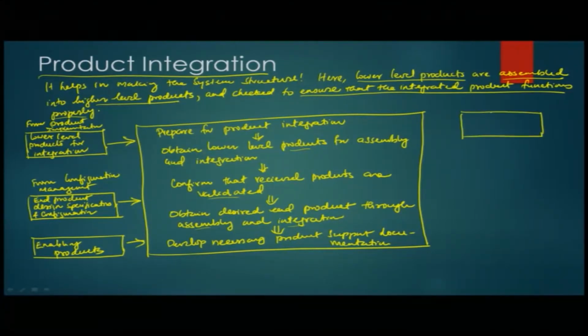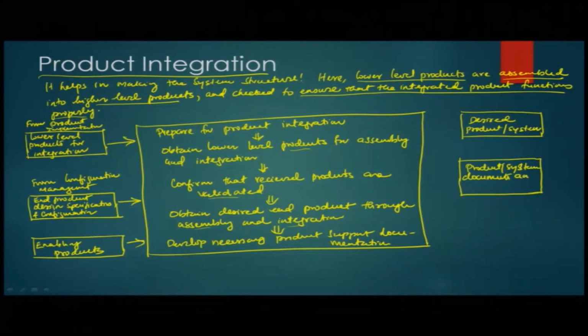The first output is the desired product or system. Then the other output is your product system documents and manuals, and the third one is product integration products, whatever enabling products are required.